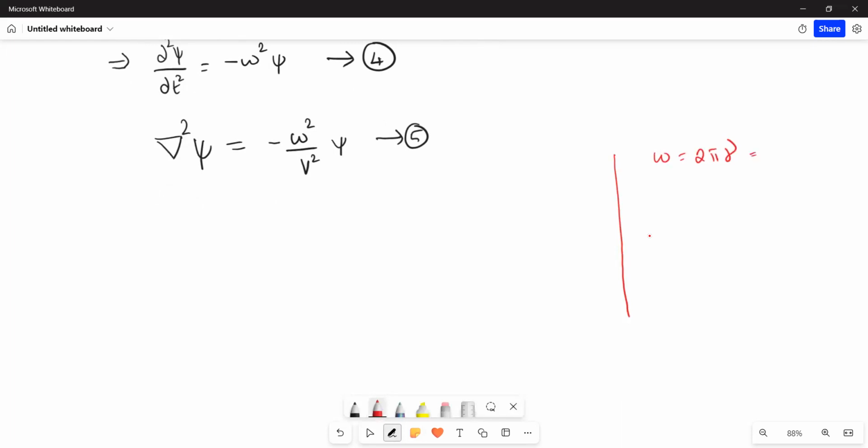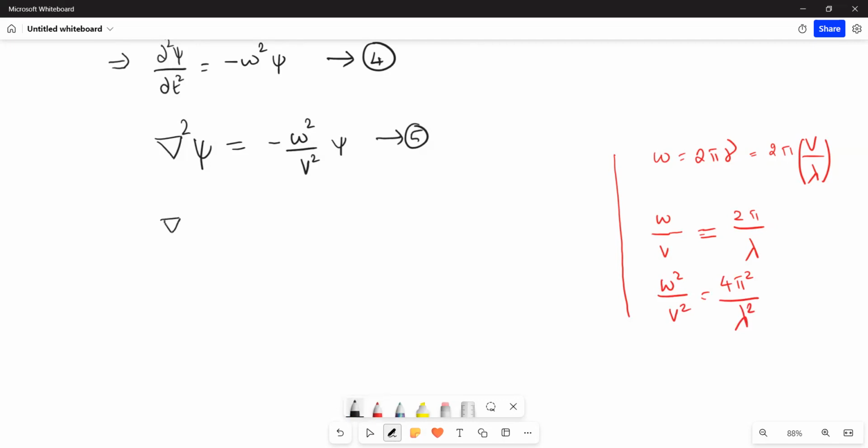Nu is velocity by wavelength, so nu can be rewritten as v by lambda. So from this, omega by v is nothing but 2 pi by lambda. So omega square by v square can be rewritten as 4 pi square by lambda square. Take this one and substitute in equation number 5.